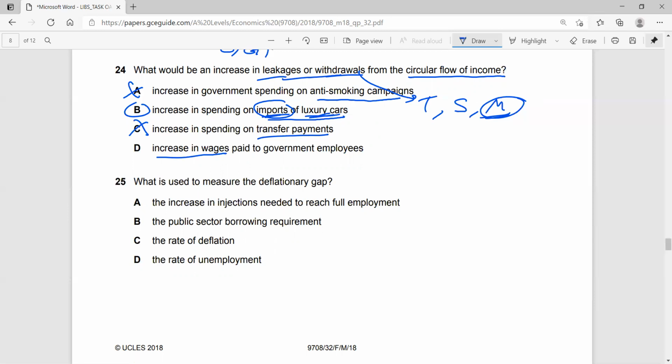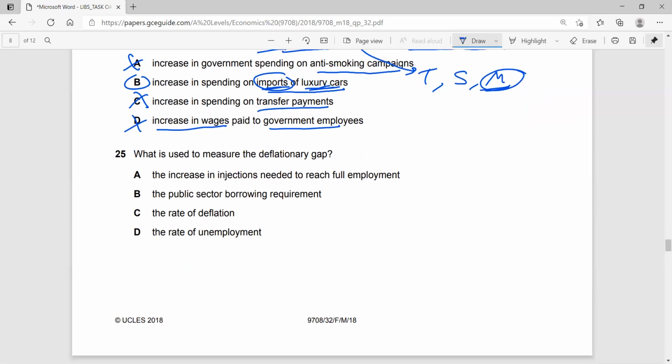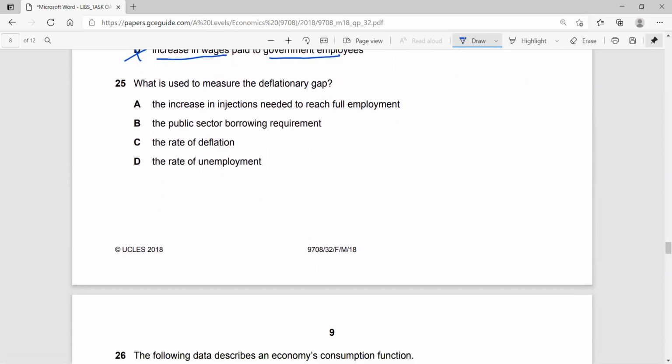Increases in wages paid to government employees. I mean, if government employees are being paid wages, that's just an injection by the government. So it's more spending by the government. So it's an injection, not a withdrawal. What is used to measure the deflationary gap?